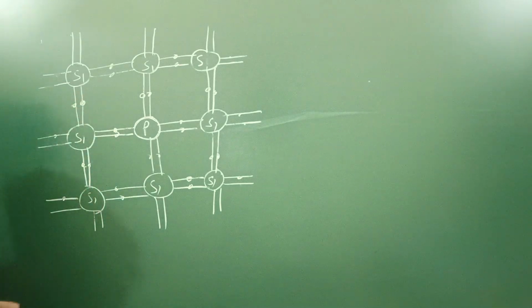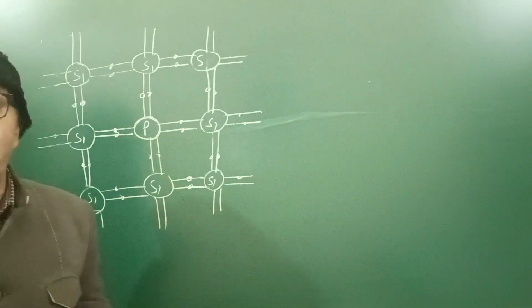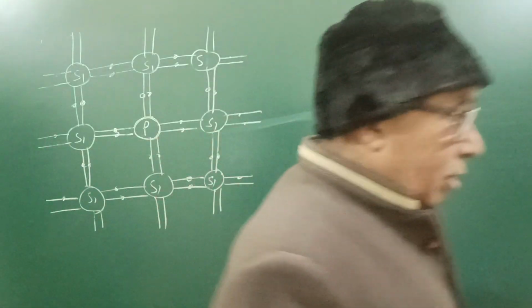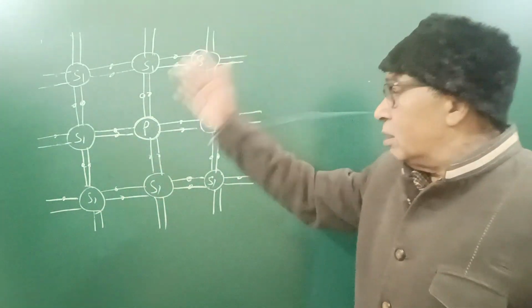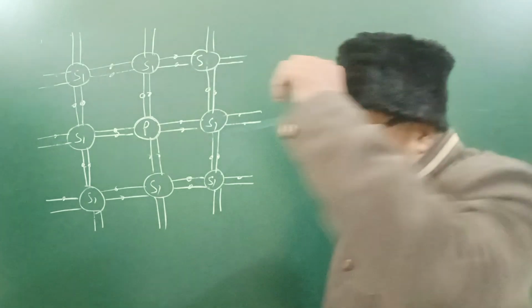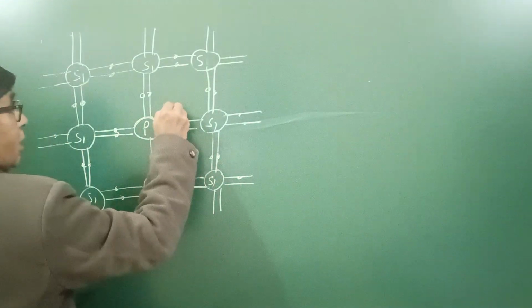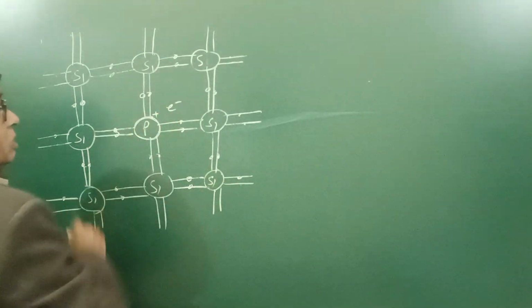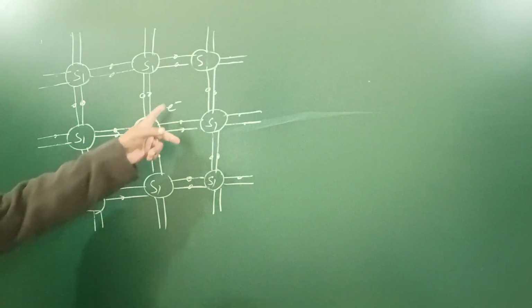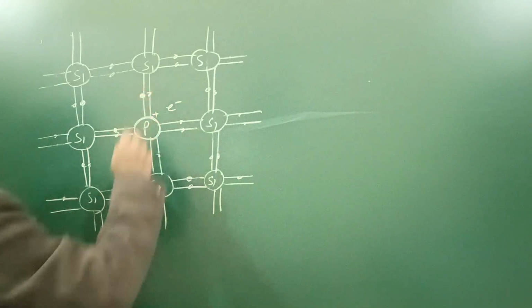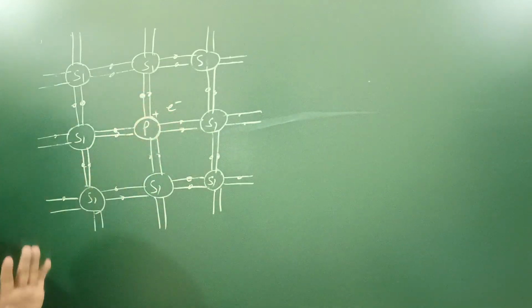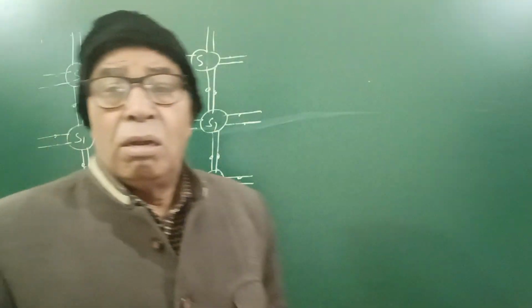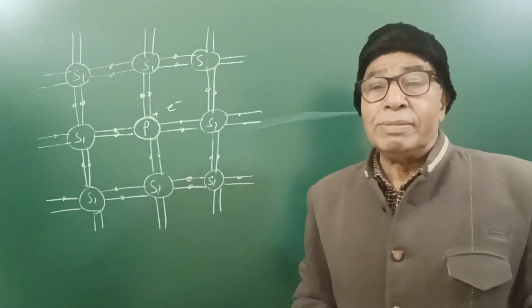That unshared electron is donated by phosphorus to the crystal. As soon as it donates the electron, it becomes positively charged, while the electron is negatively charged. This free electron will be there even at 0 Kelvin.